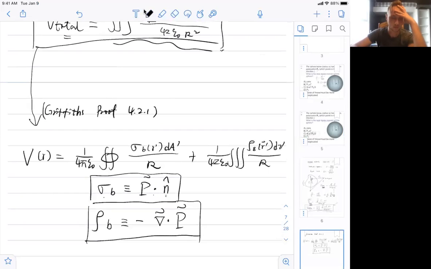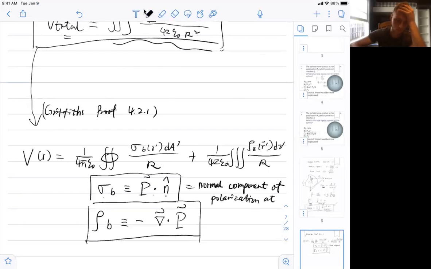So this is the normal component of your polarization at a surface, and this is the negative of the divergence of your polarization.